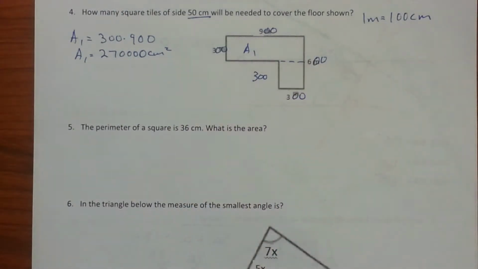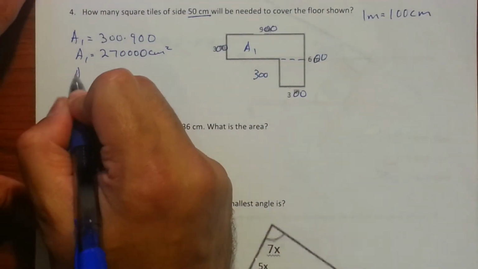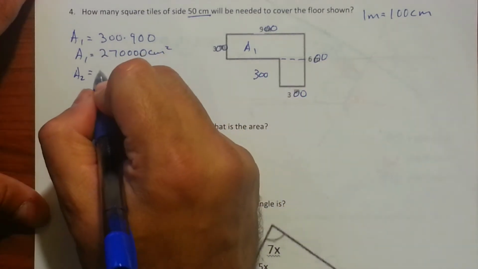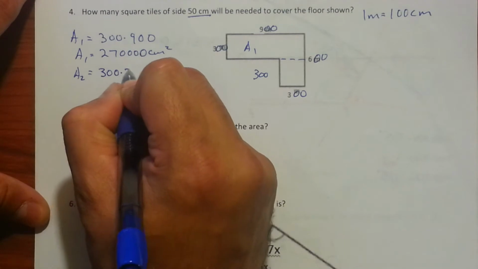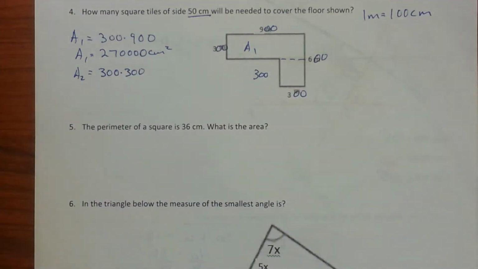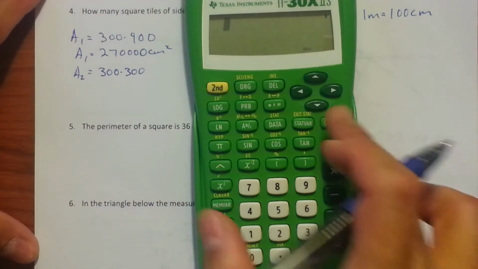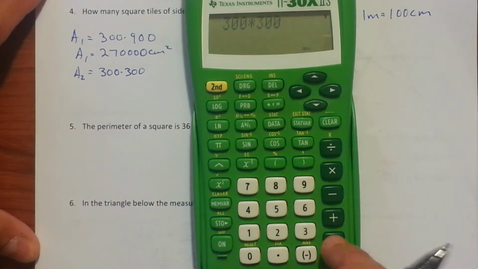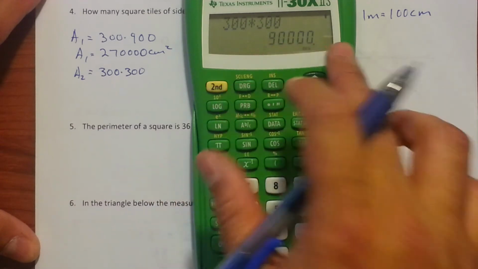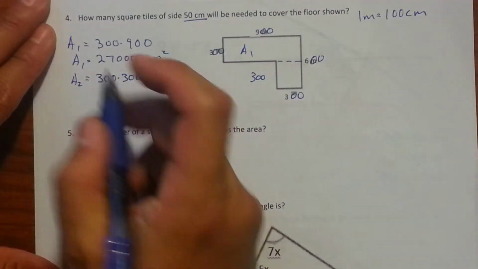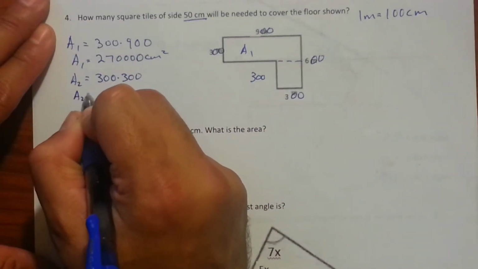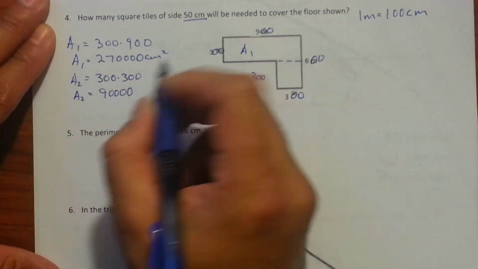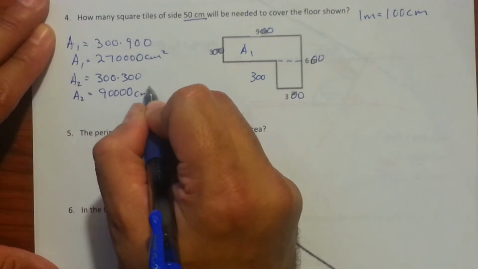Now let's do area 2 the same way. Area 2 is going to be equal to this times this, so 300 times 300. It's going to be 9 with 4 zeros behind it, so that's 90,000 centimeters squared.